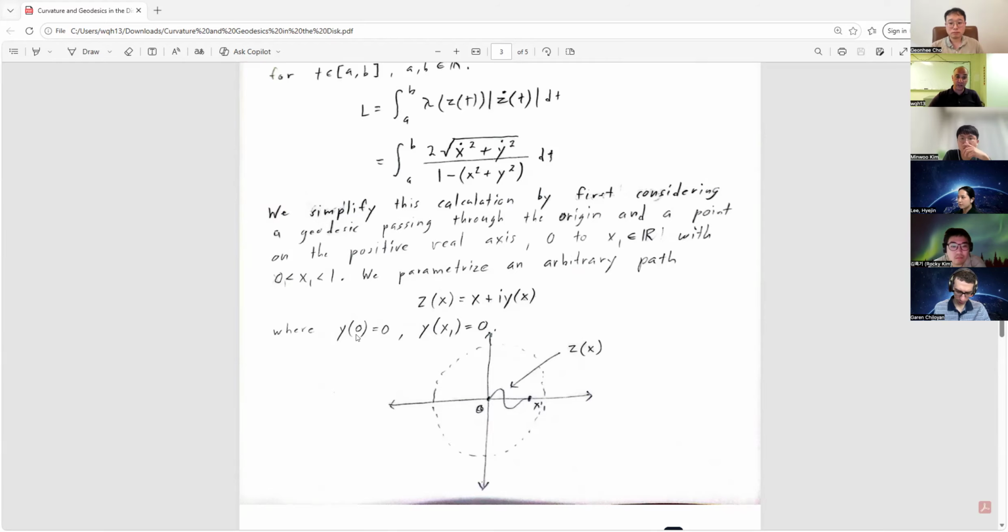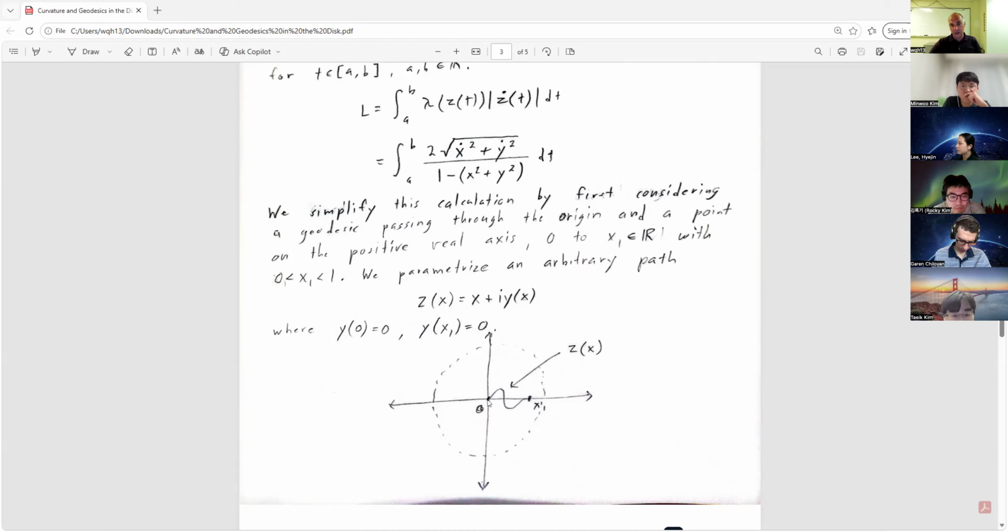We'll have y of 0 equal to 0 and y of x1 equal to 0. So we're working with any arbitrary smooth path in the disk that connects the origin to a point on the positive real axis.